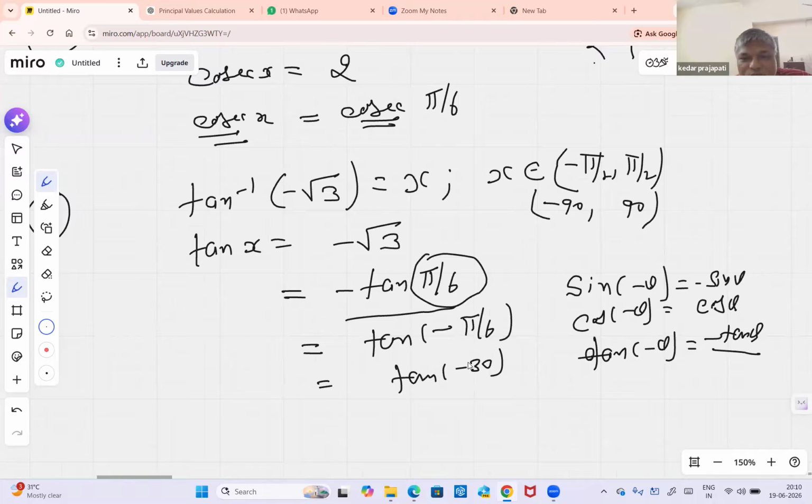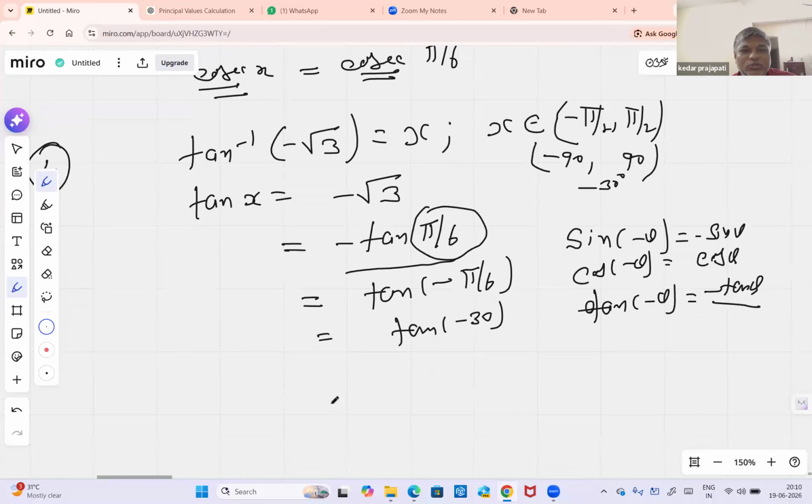So this angle lies in the principal range value for tan. So I can easily write now, because on the left side and right side tan is equal.